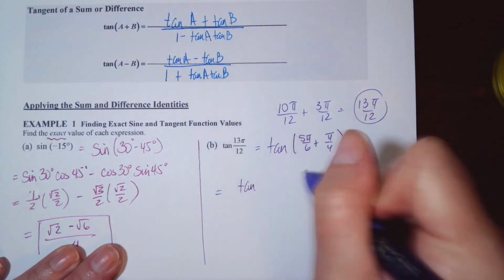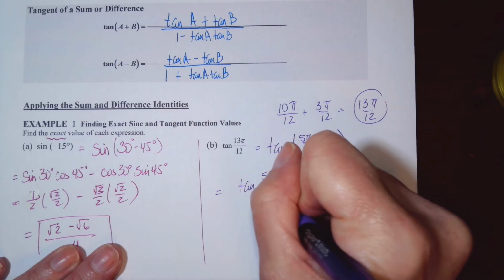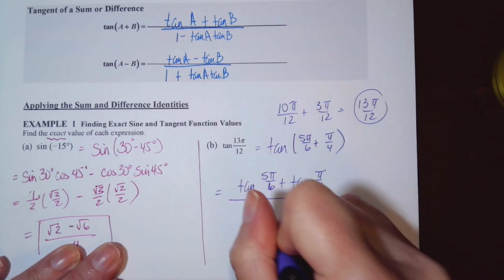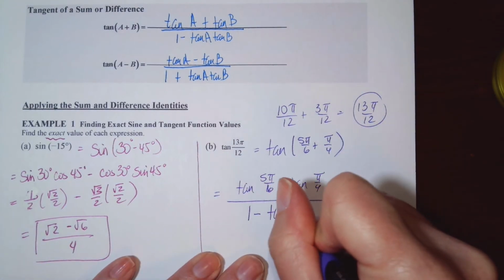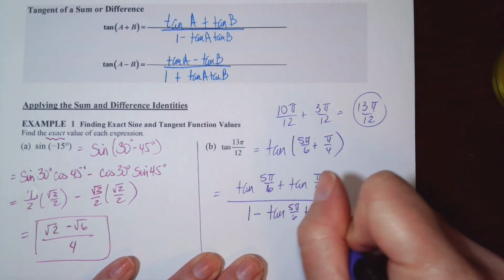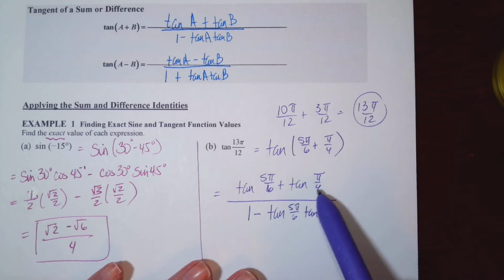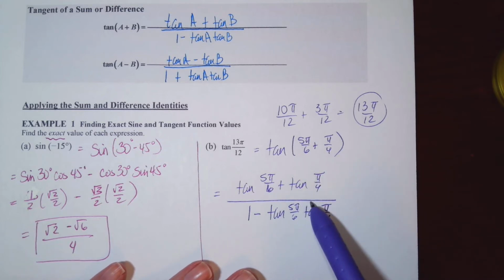Tangent of the first angle plus tangent of the second angle all over 1 minus the product of those tangents. Well, what are the tangent of these angles? Tangent of pi 4th is easy. It's just going to be 1.